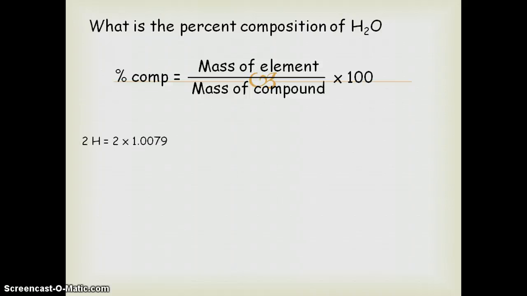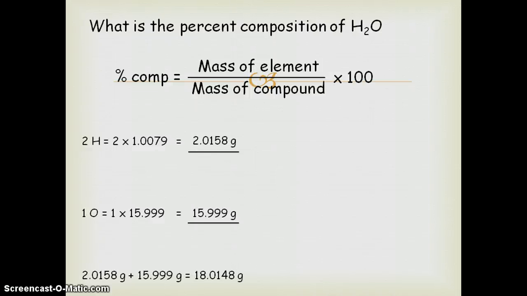To find the molar mass of water first, which is the mass of the compound, so we're looking at this bottom part here, we have two hydrogens, and that is 2 times 1.008 or 1.0079, depending on which periodic table you're looking at. And so that's going to be a total mass of hydrogen is 2.0158 grams. Okay, and your one oxygen, of course, is 15.999 grams, and there is only one of those, so you don't have to multiply it times anything.